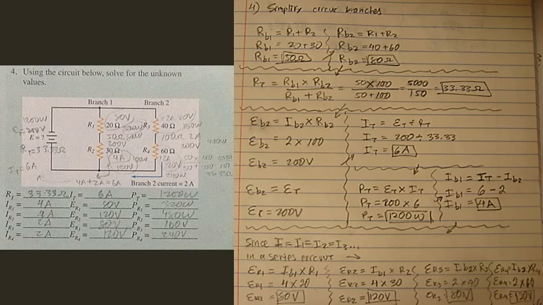That gives us 6 amps. So now we have our current total. Since we have our current total, we can figure out one more thing, but we'll leave that for the next step.